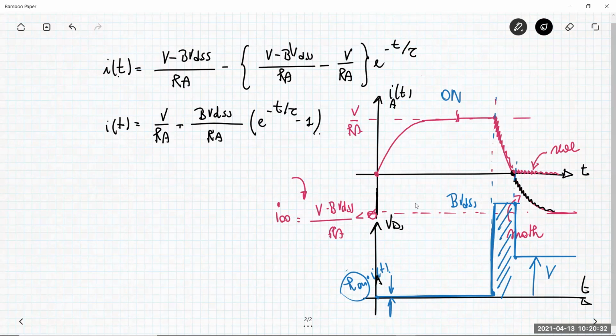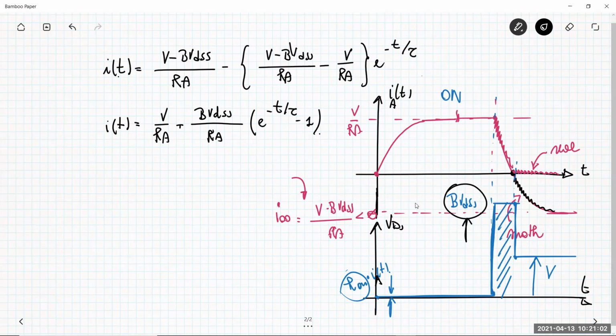Typically you are not allowed to operate the MOSFET in the breakdown voltage region. The breakdown voltage is something that is not an operating point. The datasheet specification always mentions this fact that you are allowed to operate with a voltage when the MOSFET is off, which is a little bit lower than the breakdown voltage.